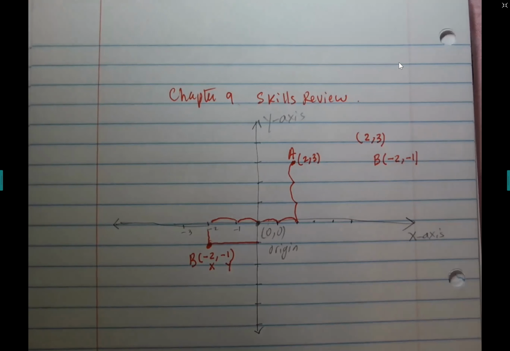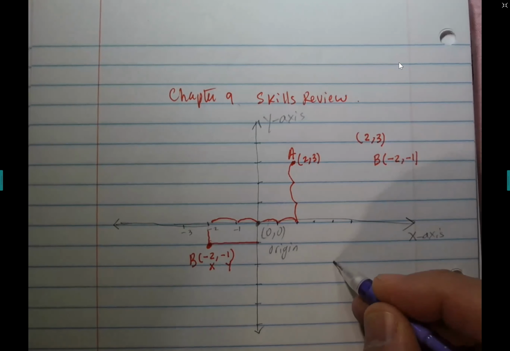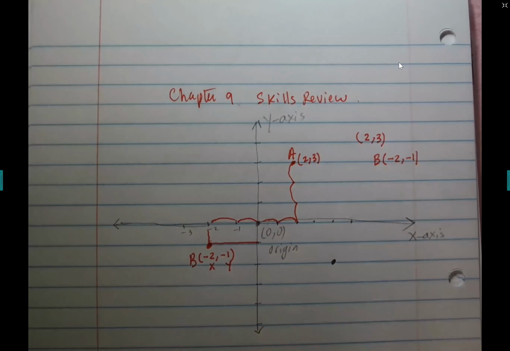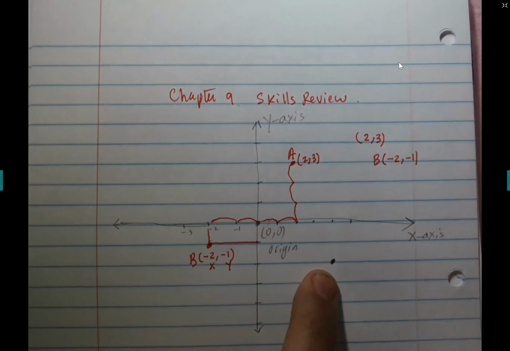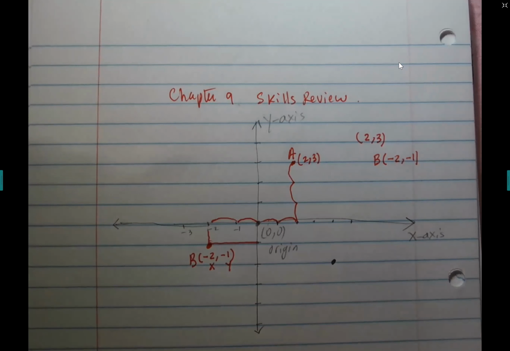Okay, here's my next question to you. If I have this point right here, how many lines can I pass through this point? Can you answer this question? How many lines can I pass through this point? Lines, straight lines. What do you say? 2?